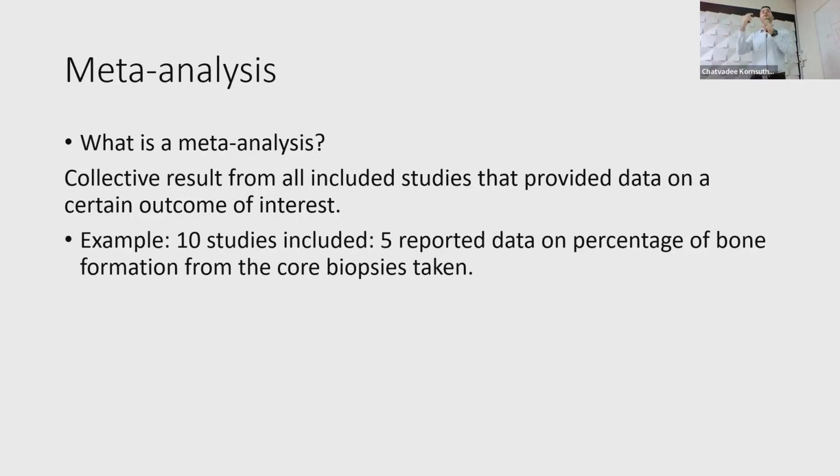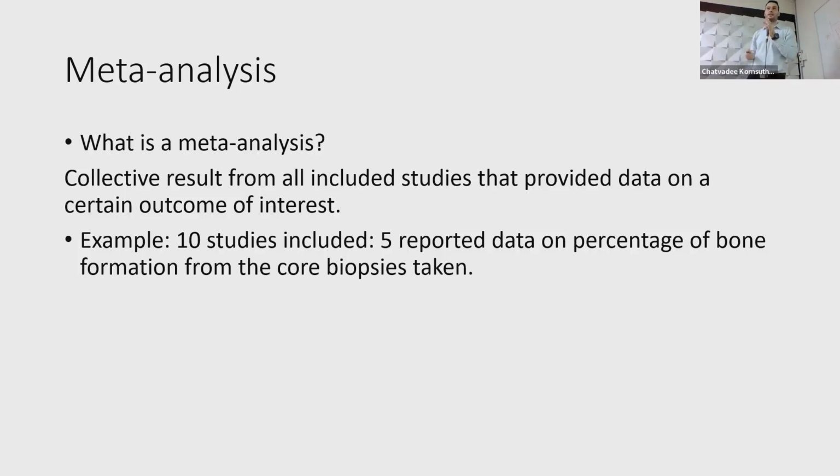But 5 of those studies reported the percentage of bone formation, and they compared maybe bone graft A versus bone graft B by reporting the percentage of bone formation. So I can do a meta-analysis by combining all studies together and getting the percentage of bone formation when I compare graft A and graft B.